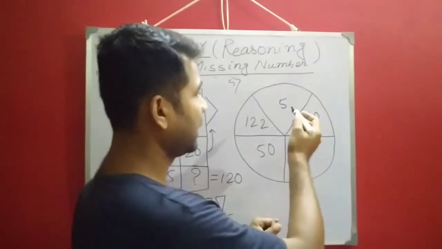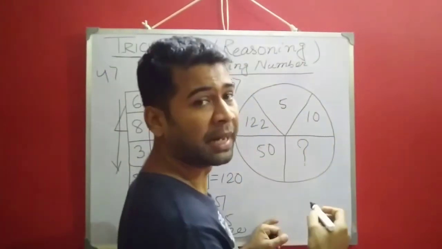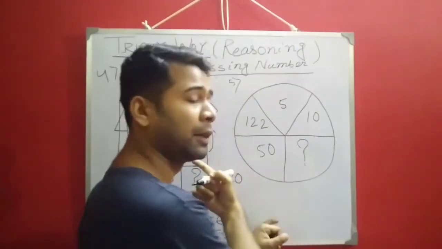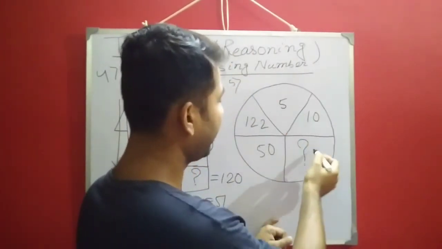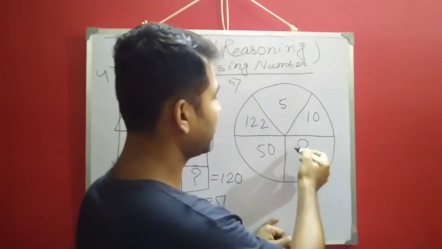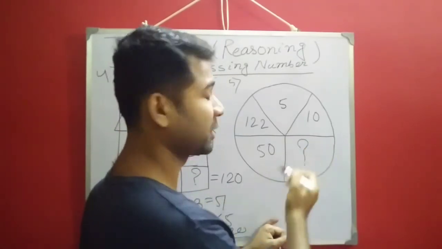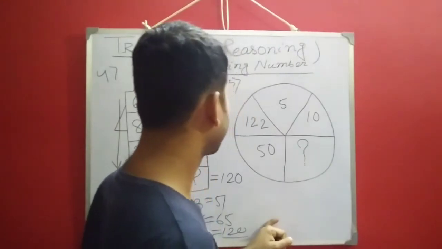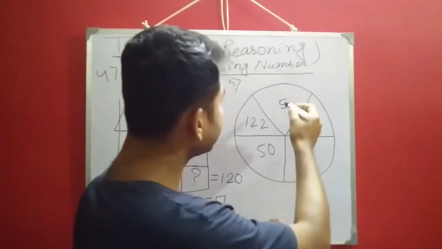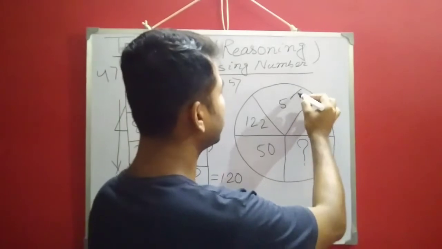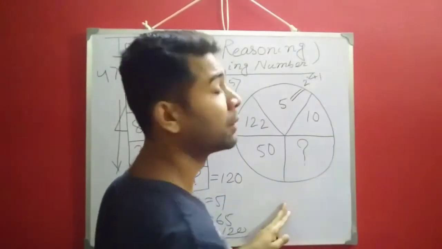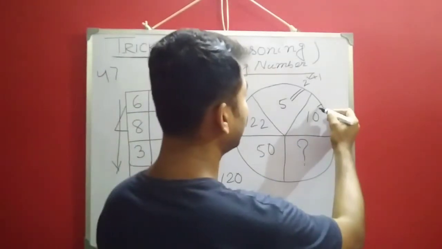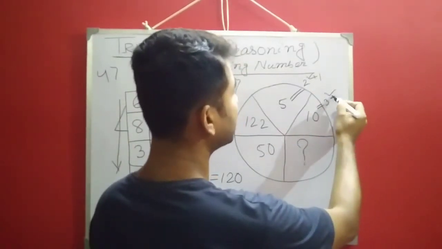And what will be the answer for this figure? It is somewhat different from the others. Here we have 5, 10, and we have to find the value for this question mark. So it is clear that 5 is equal to 2 square plus 1, and 10 is equal to 3 square plus 1.